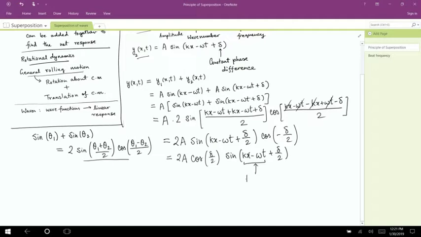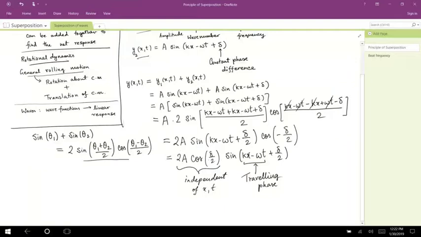So that's our traveling phase of this wave, right? But this has an additional interesting feature. First of all, it looks like the amplitude. This is the part that is independent of x and t. So this is the full amplitude of the wave, right?